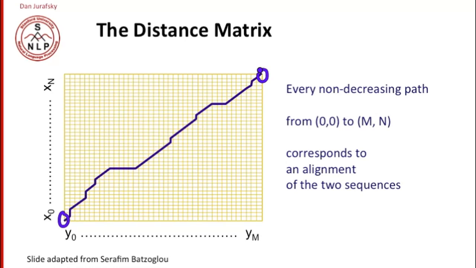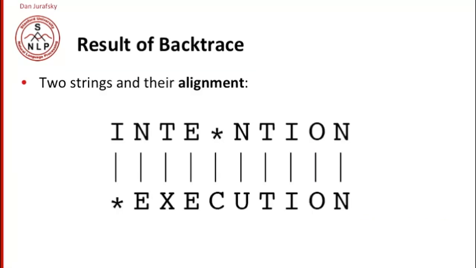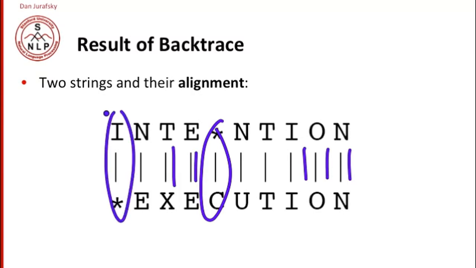An optimal alignment then is composed of optimal subsequences, and that's the idea that makes it possible to use dynamic programming for this task. So the result of our backtrace is two strings and the alignment between them. So we'll know which things line up exactly, which things line up with substitutions, and when we should have insertions or deletions.